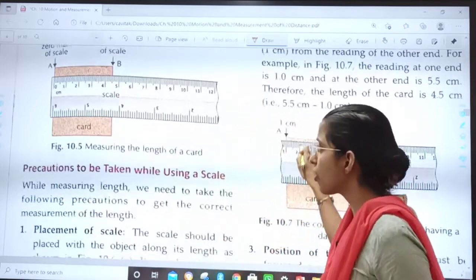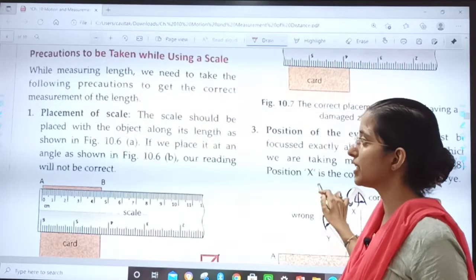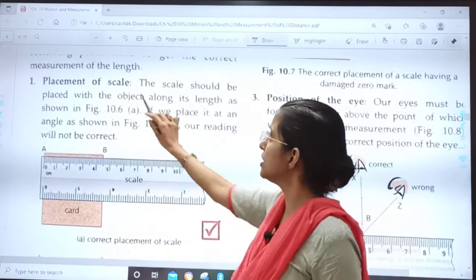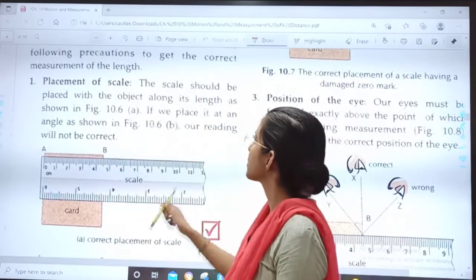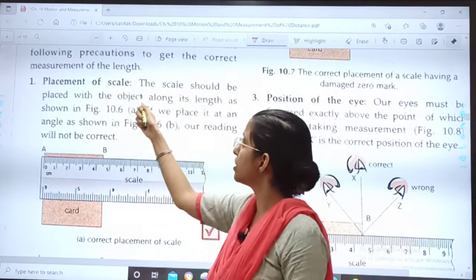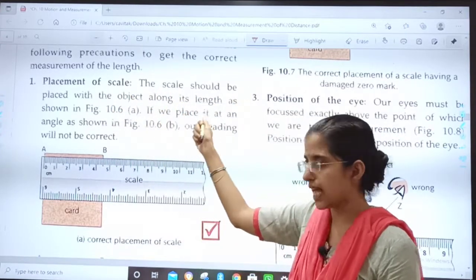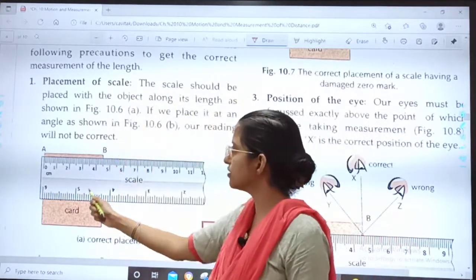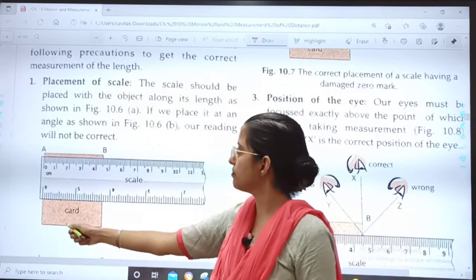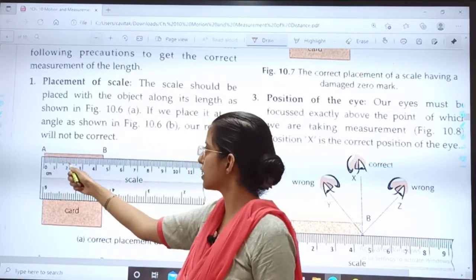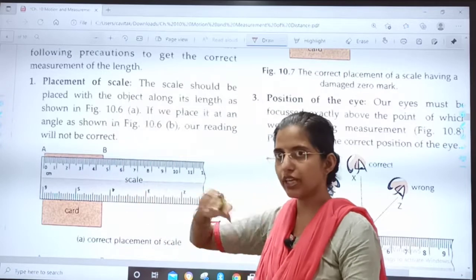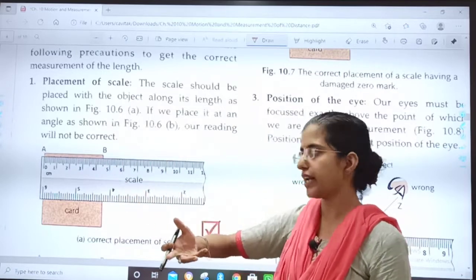Now what are the precautions that we should take while using a scale? The first one is placement of the scale. The scale should be placed with the object along its length as shown in the figure. As we just saw, zero should be at the starting point and at the end so that we can read it correctly.